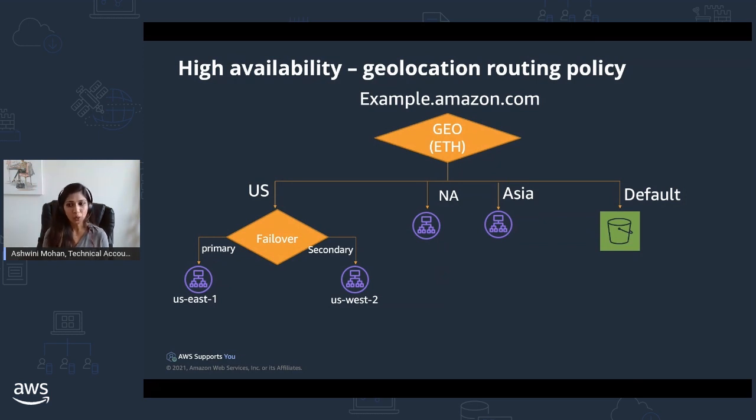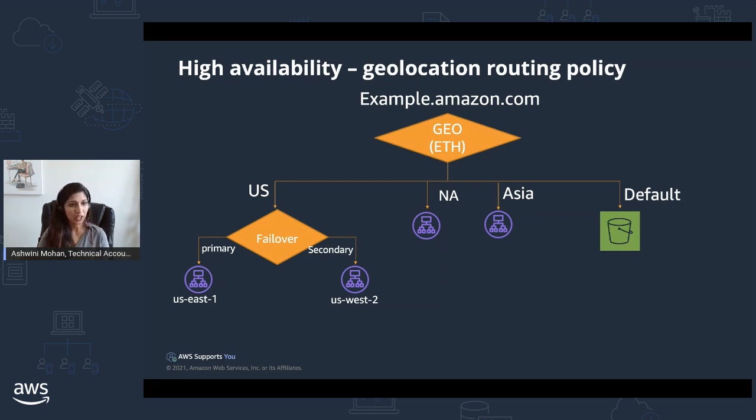If the endpoint of the United States record set is unhealthy, Route 53 will check the record for North America, and it will also check the record for default, in that order, until it finds a healthy record to resolve. If all the applicable records are unhealthy, Route 53 will resolve to the smallest geographical region, which is the US region here.